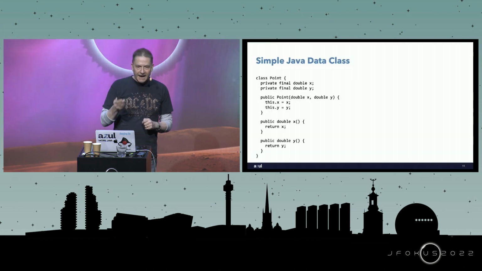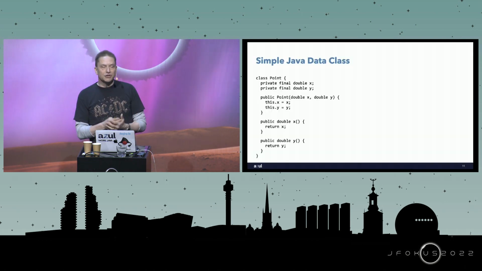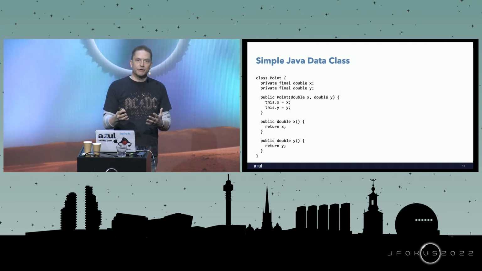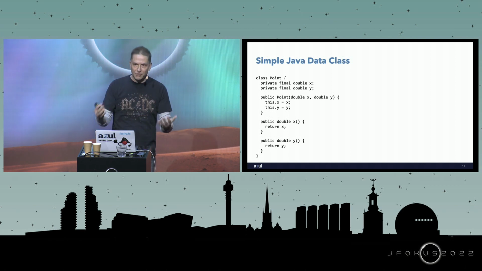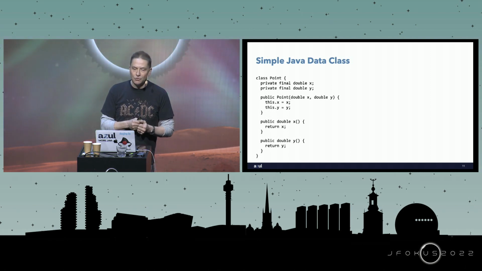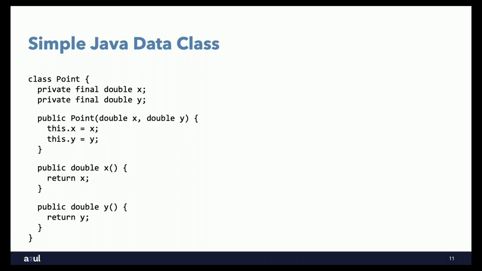And again, if we look at the way that Java worked before, we have the idea of object-oriented programming. We have classes. We can encapsulate data, state, behavior, and so on. And we end up with something like this, a point class, which is basically a tuple.